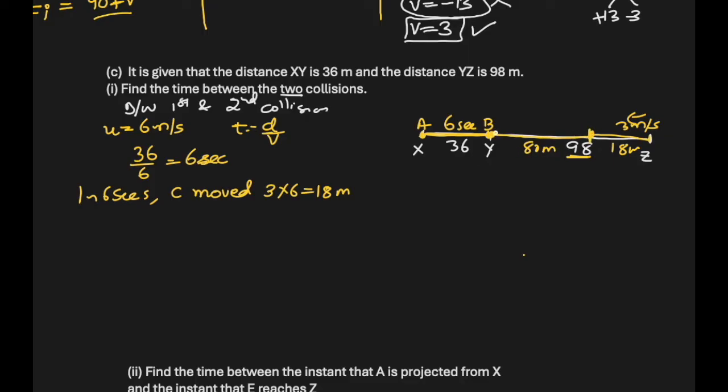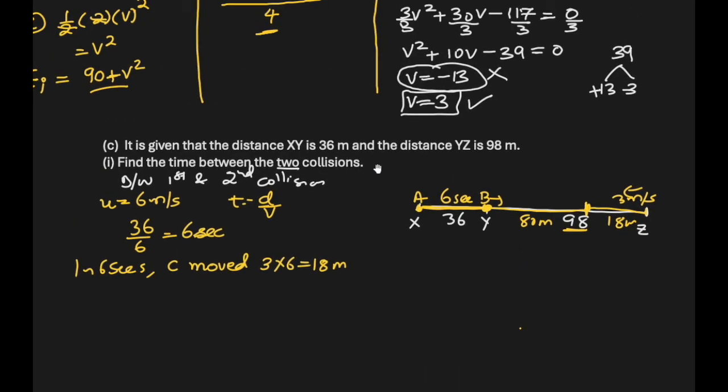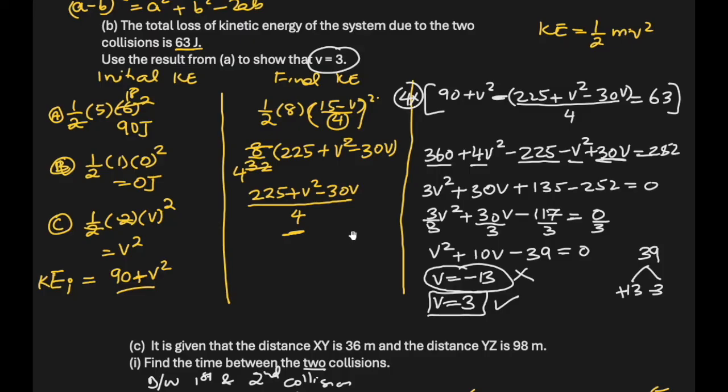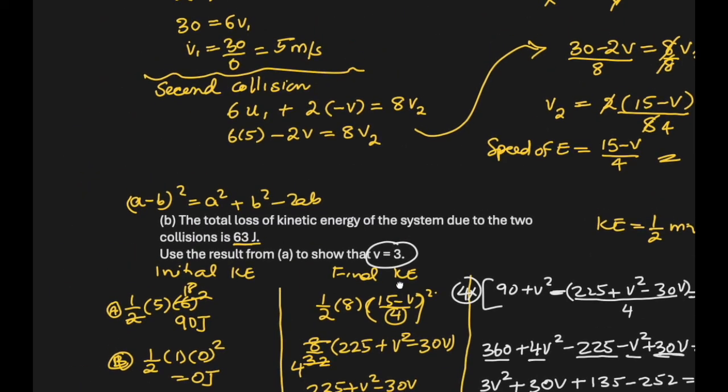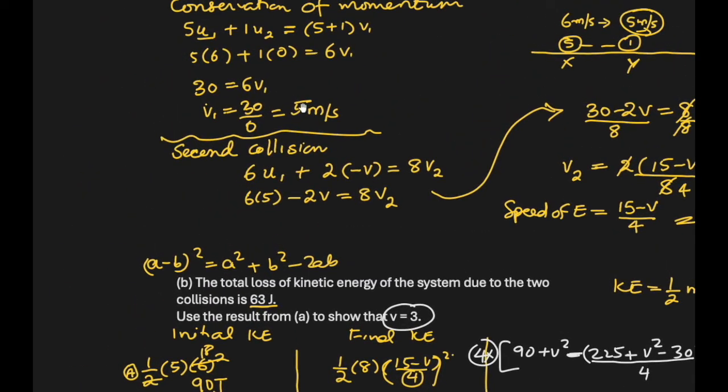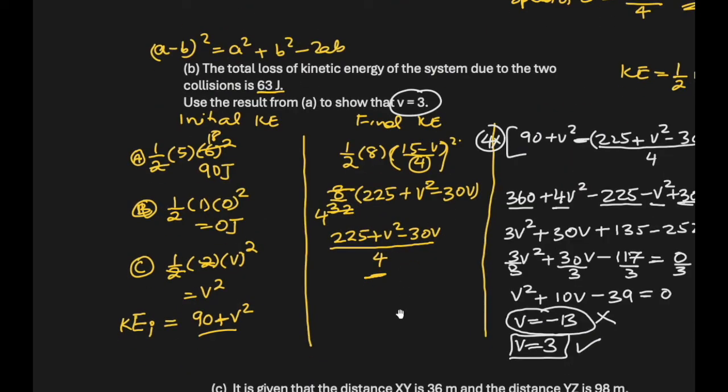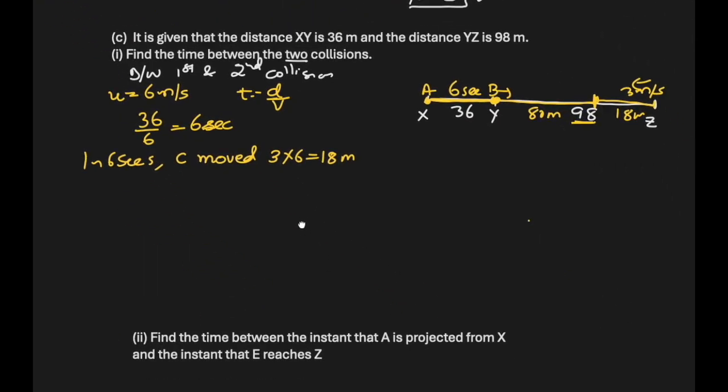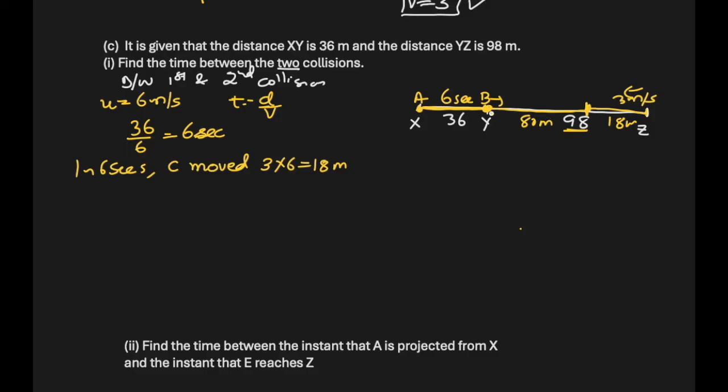Okay, now this will start coming here, and what speed did we get for the particle D when they were coming this way? Yes, we got 5 meters per second. So this started going here at 5 meters per second.